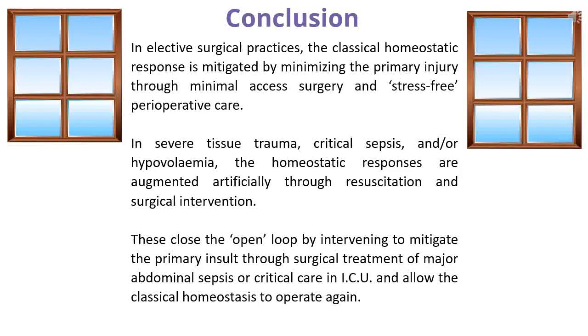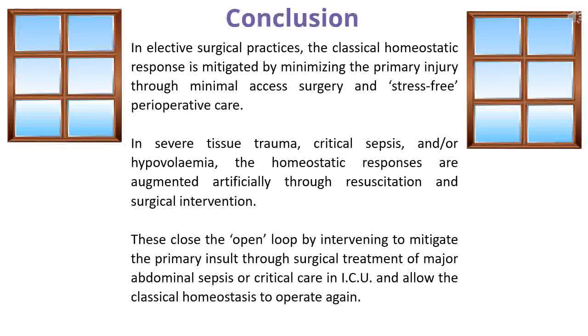In emergent conditions, the presence of severe tissue trauma, critical sepsis, and or hypovolemia often compound the primary insult. Then we augment artificially the homeostatic responses through surgical intervention and resuscitation.